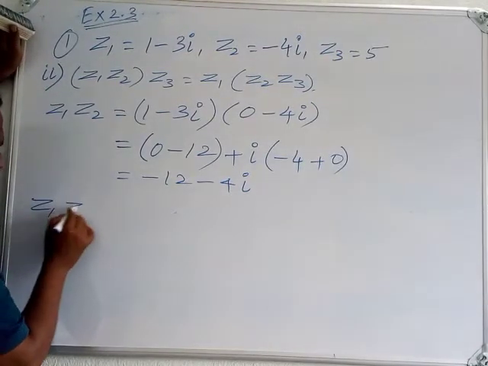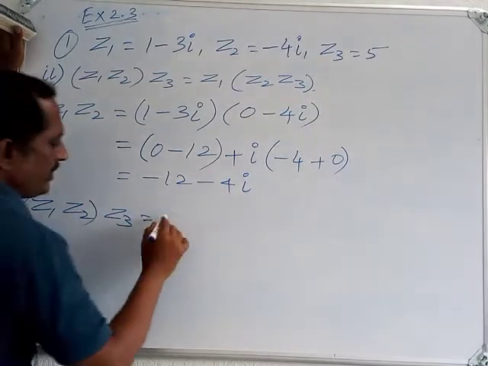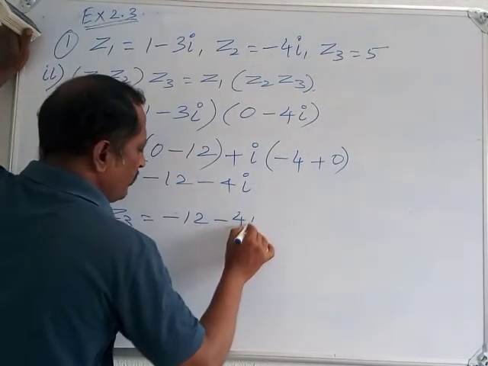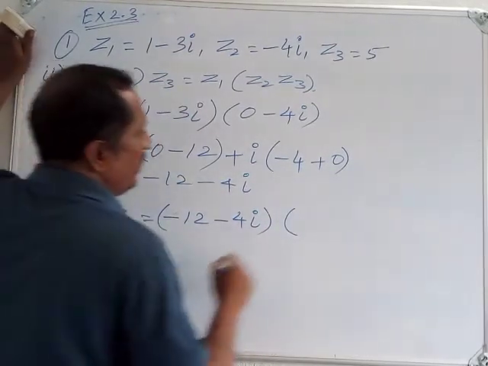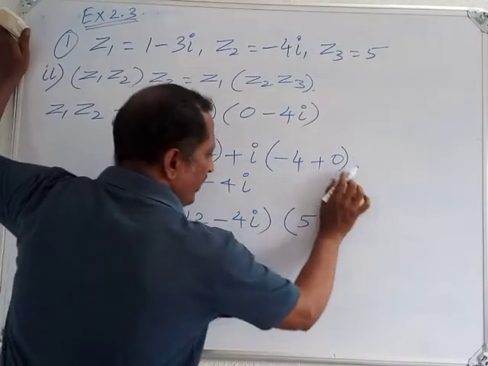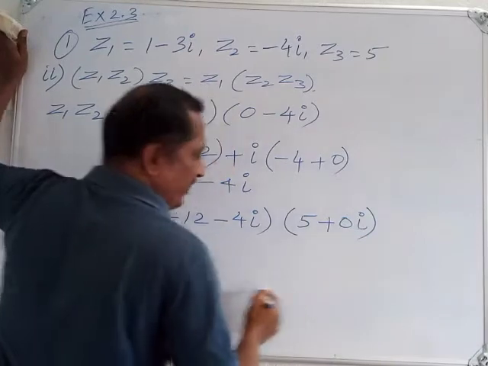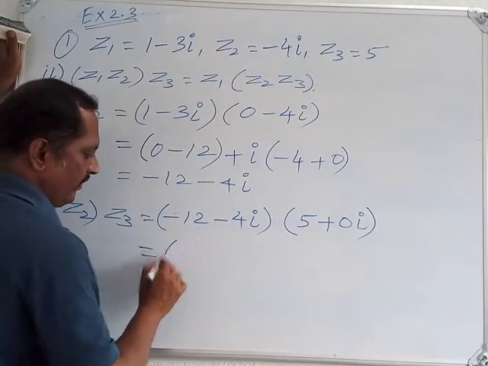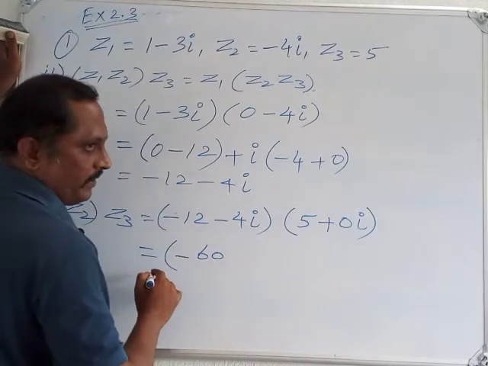Next you have to calculate z1 z2 into z3. z1 z2 is minus 12 minus 4i into z3. z3 is 5. What is the imaginary part? Imaginary part is 0, so 0i. So which is equal to, first, real into real, minus 12 5s are 60.